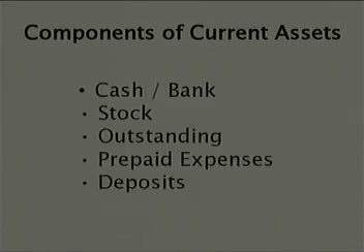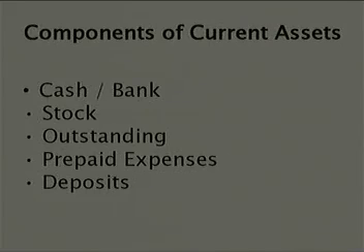these are different components of current assets we have already discussed. For example, cash in hand, bank balances, your stock, your outstanding. Outstanding is basically how much money is with the client which he has not paid to you, although it is due to you.